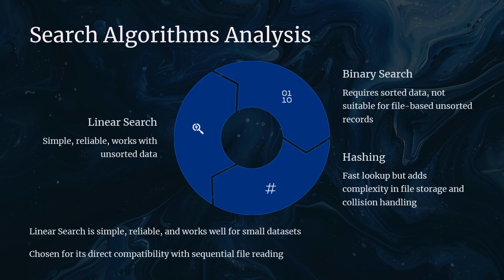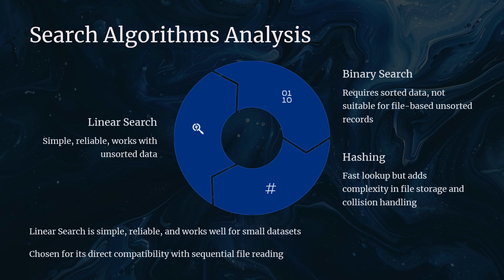This slide shows us the search algorithm analysis. There are many kinds of search algorithms, but we are considering binary search, linear search, and hashing. Binary search requires sorted data, so it is not suitable for file-based unsorted records.